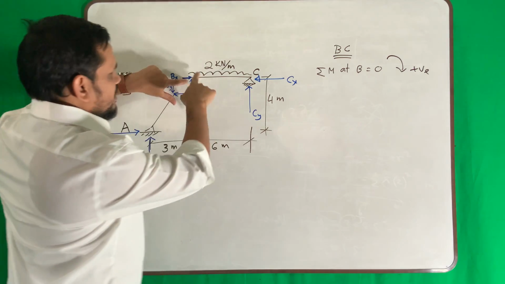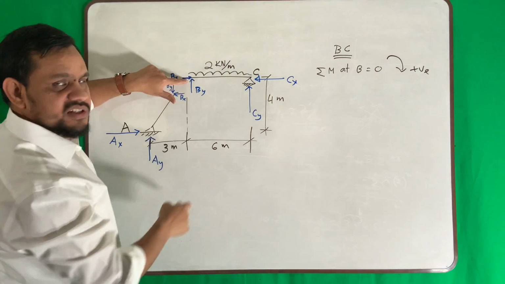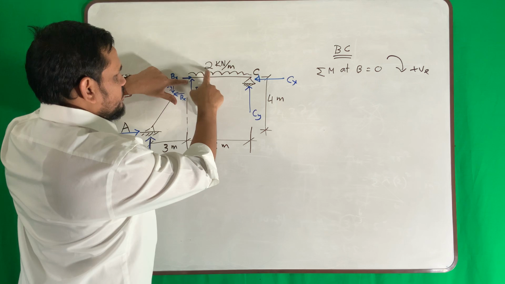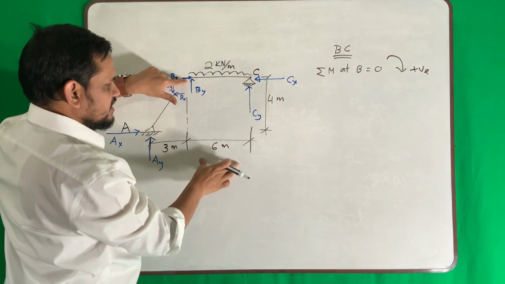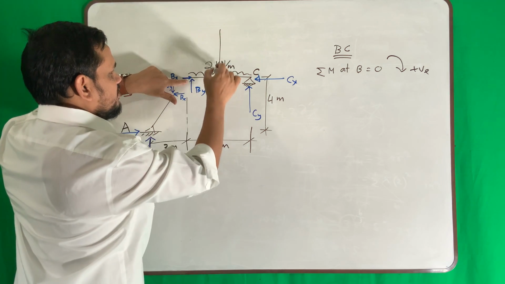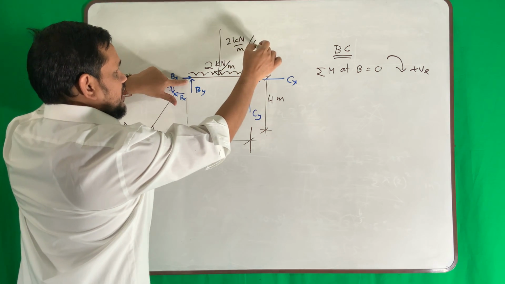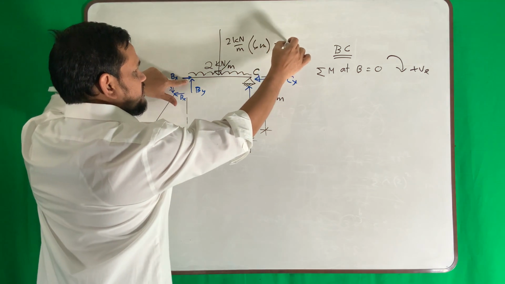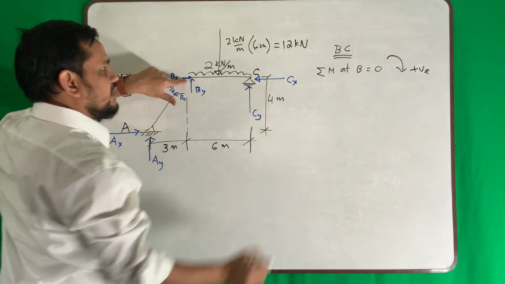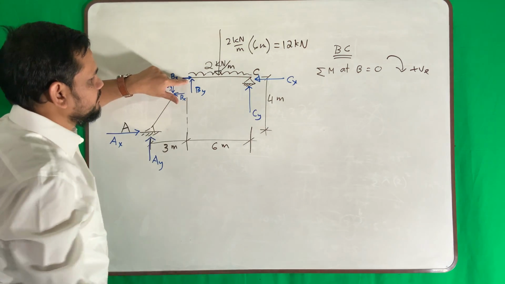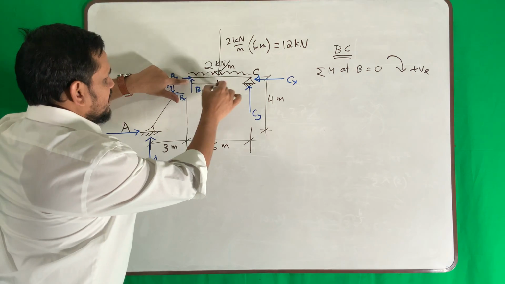Then what is the moment created by this distributed load? This is 2 kilonewton per meter over 6 meter. So what is my combined load? 2 kilonewton per meter times 6 meter is 12 kilonewton.